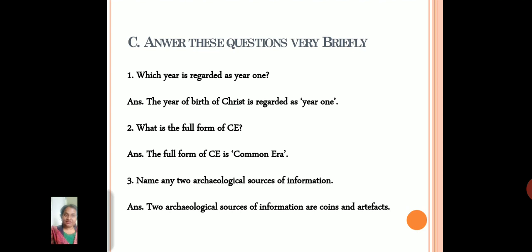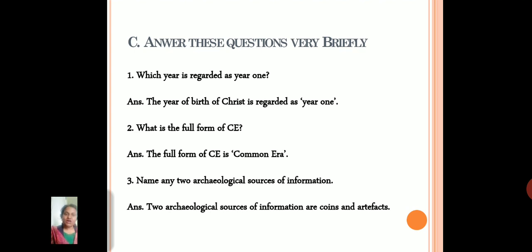Era, E-R-A, E capital. Common Era. Full stop. Close inverted commas. Now you'll ask why it is written in capital letters. It is written in capital letters because it is the name of the period. That is why it is known as Common Era, and that is why it is in capital letters.